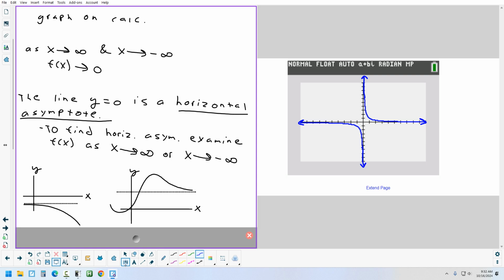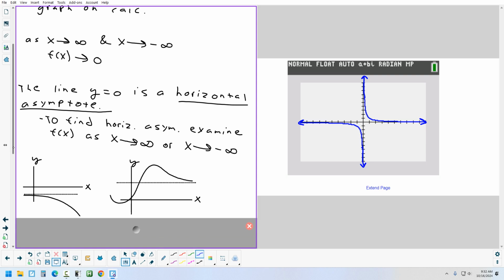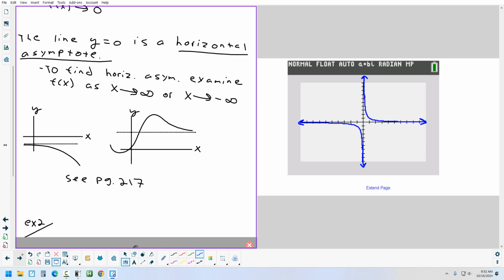There are some graphs that can cross or oscillate around an asymptote. We haven't talked about trig functions yet, but if you had a trig function with a constantly decreasing amplitude like that, it's oscillating around an asymptote, so I'm not going to get into that.